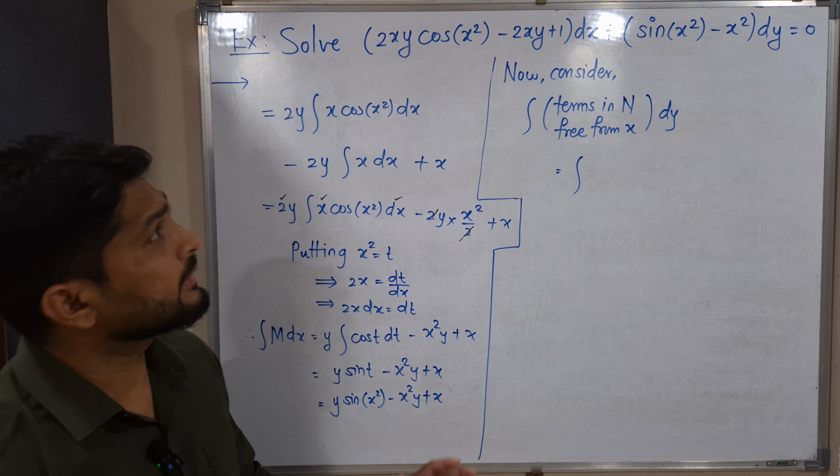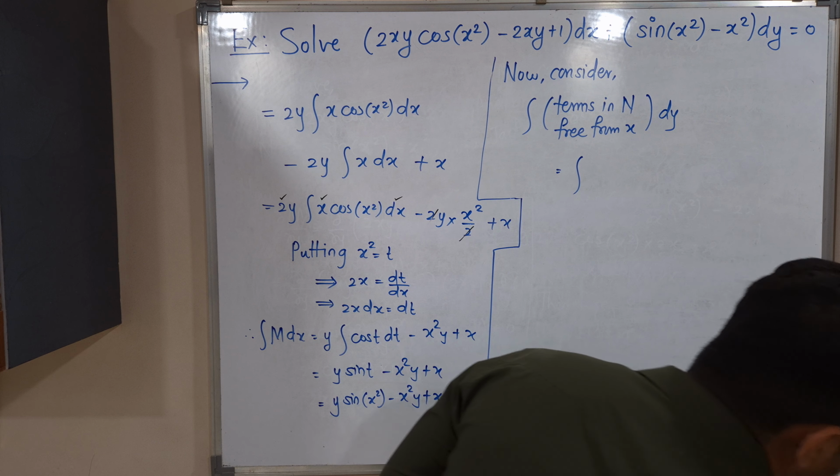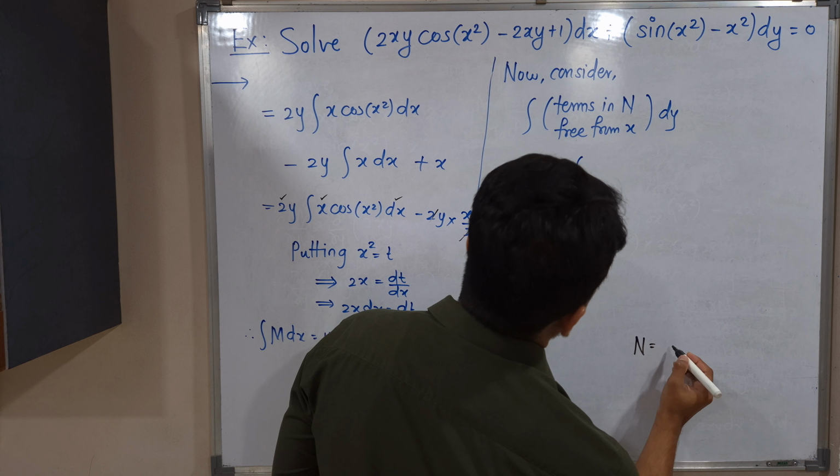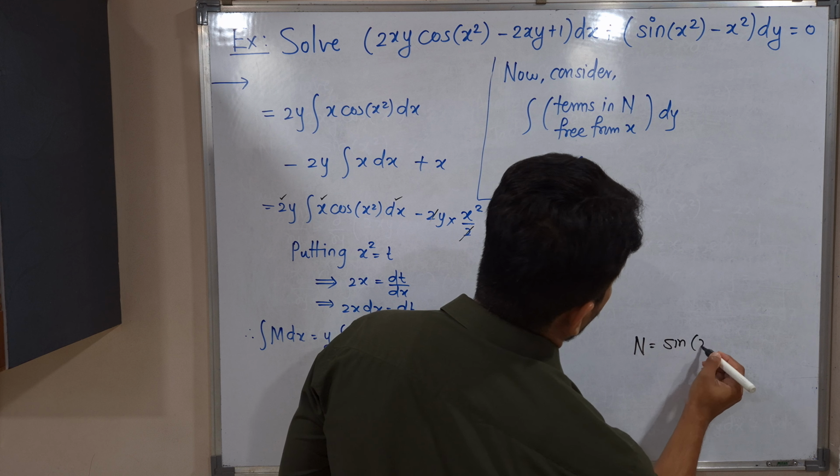So let us see first what my N is. Our N is sin x square minus x square. You can see there are two terms, right? This is the first term and this is the second term. But we want the terms free from x. In the first term we have x, so we cannot take the first term.